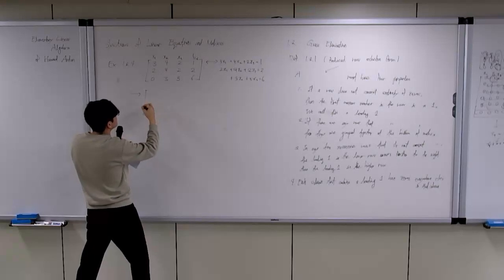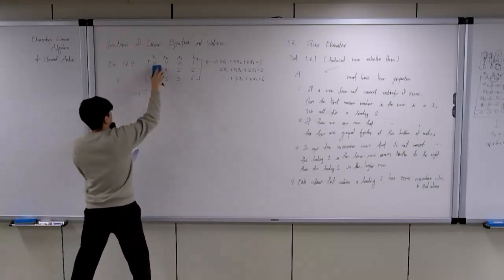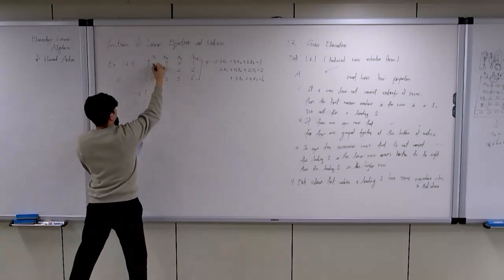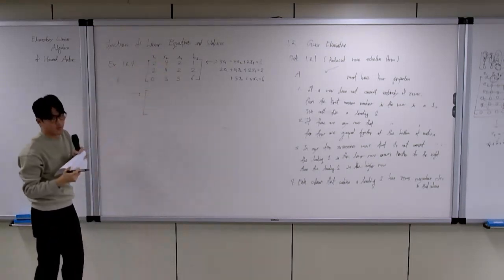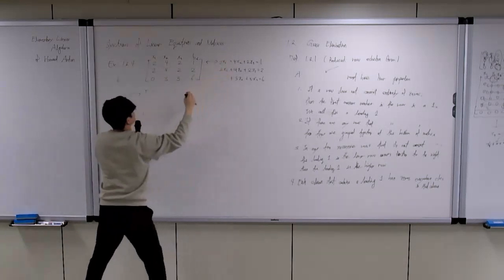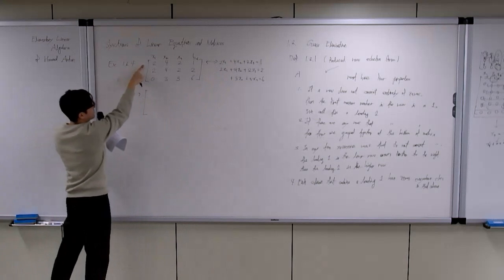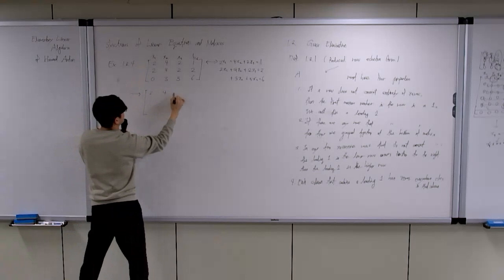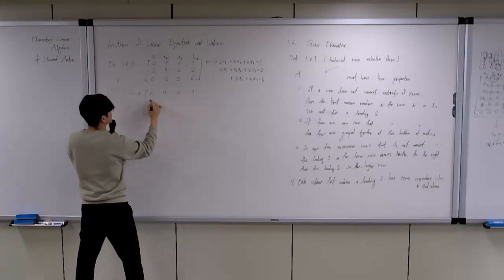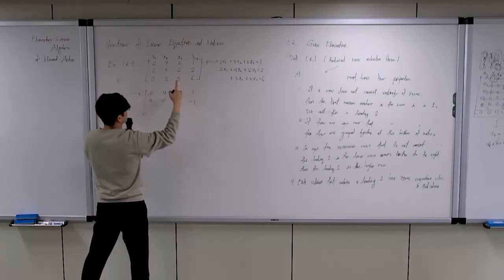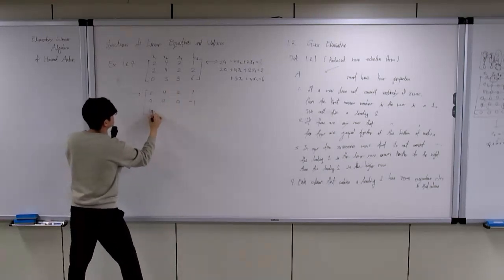Then I will change the numbers because it is easier to calculate. And if we subtract the first equation from the second equation, then we get 0, 0, 0, minus 1, and 0.